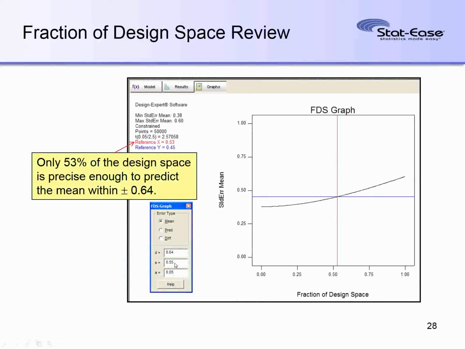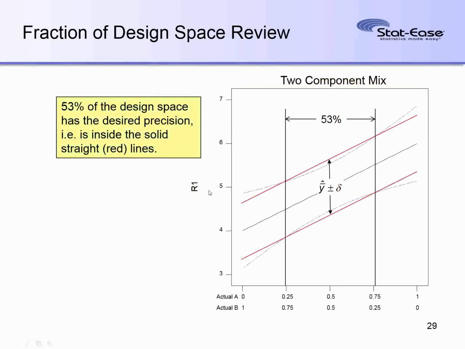And if we supply the D and the S, we will get a fraction of design space plot where we draw the blue line based upon your D and S inputs, and then where it crosses the fraction of design space curve will tell you how much, in terms of a proportion, of your design meets your precision requirement. So this 53% of the design space corresponds to that 53% of the tolerance band being within your requirements.